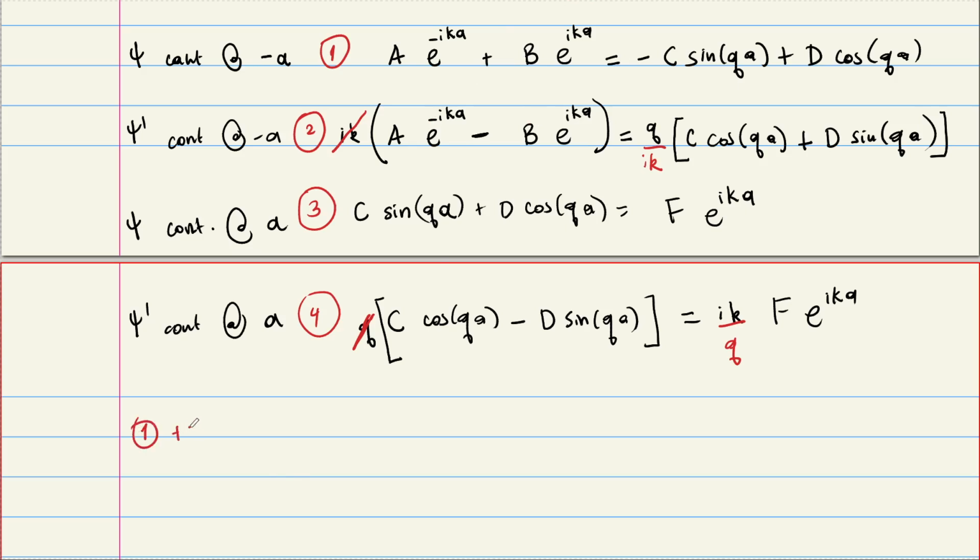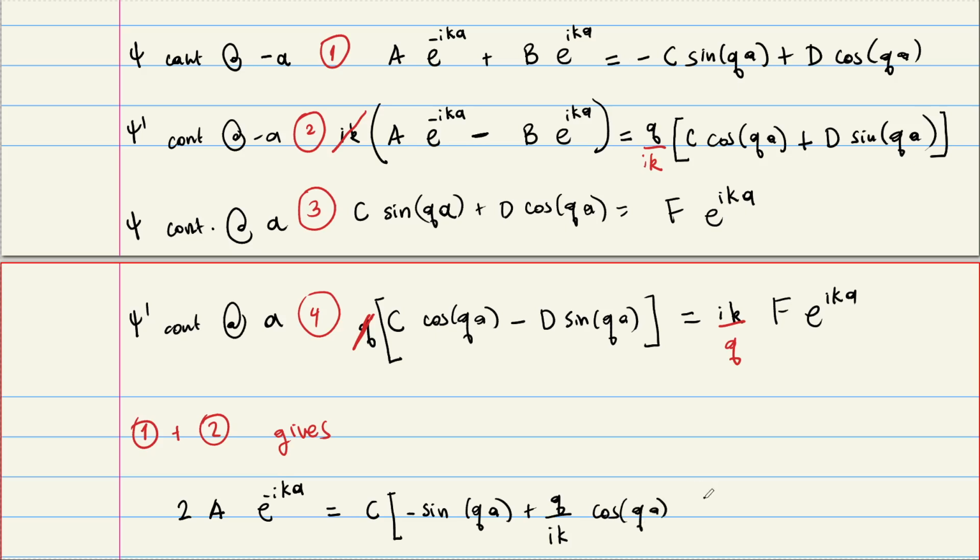1 plus 2 gives. So this term cancelled. So this is 2a e to the minus ika is equal to, now I'll combine c coefficients. So c times minus sine qa plus q over ik cosine qa.